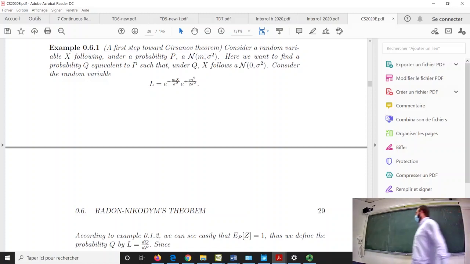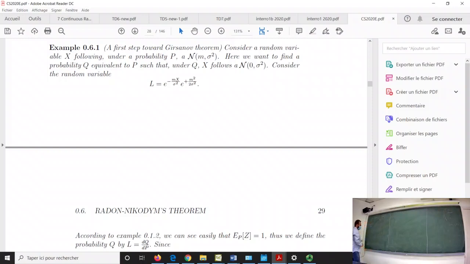So I define the new probability by its density function, dQ over dP. I call it L, and it's equal to what is written on the board here, that is exponential of minus mX over sigma square, plus m square over 2 sigma square.